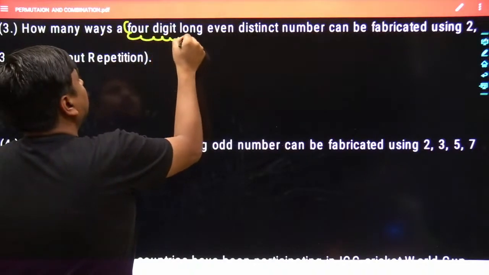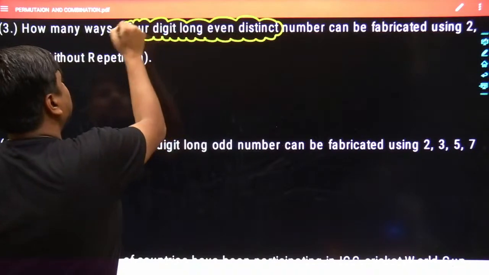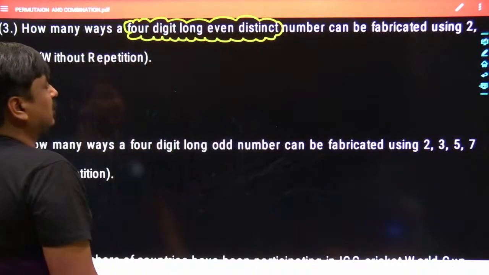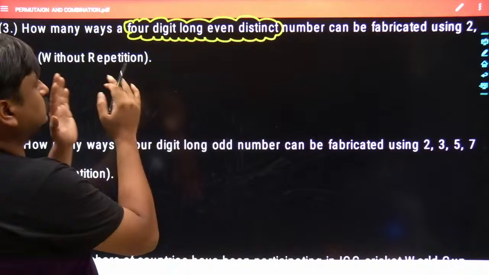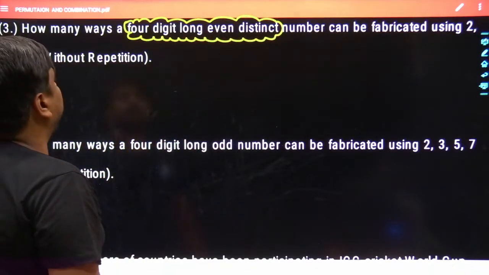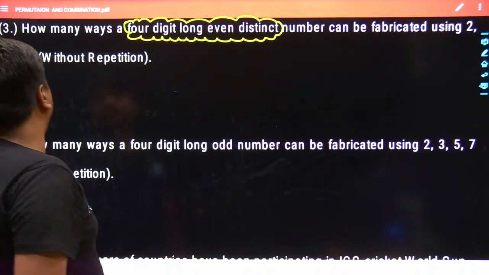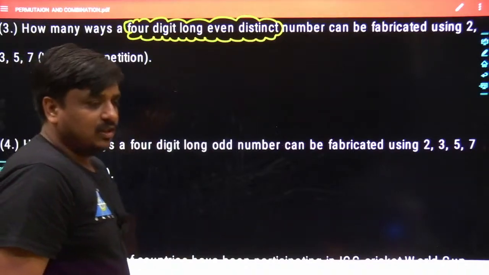So whether you are focusing on these particular words or not, definitely these 4 to 5 words which this particular problem contains change this problem a bit. So I am repeating once again, how many ways can a 4-digit long even distinct number be fabricated using 2, 3, 5, 7 without repetition? Again the repetition is not allowed.